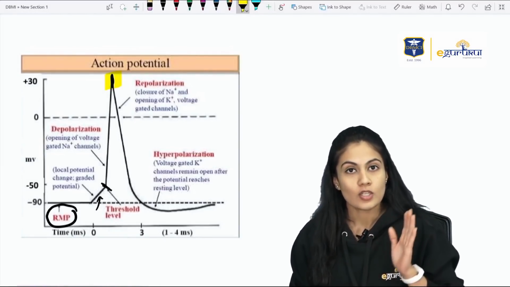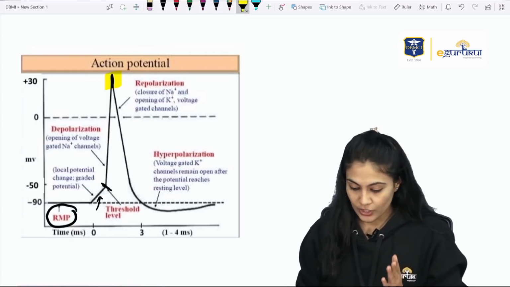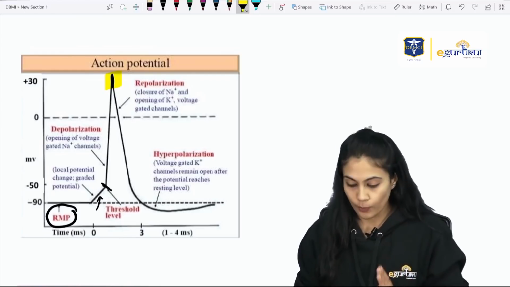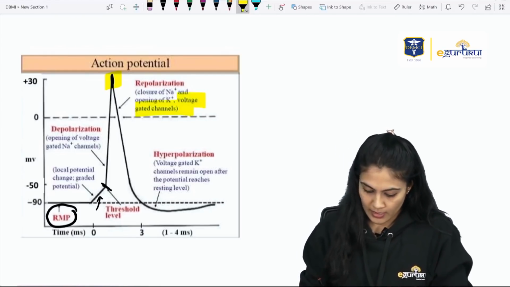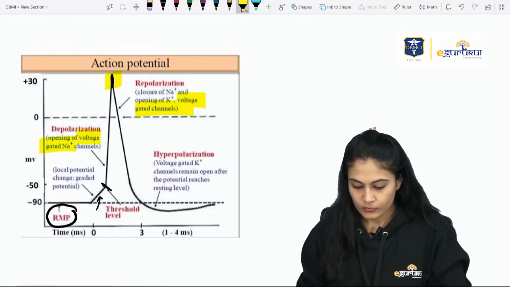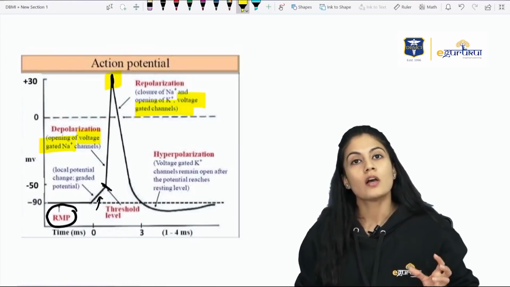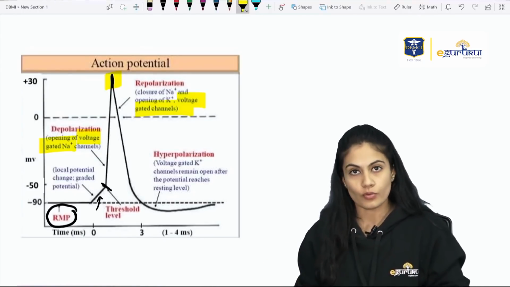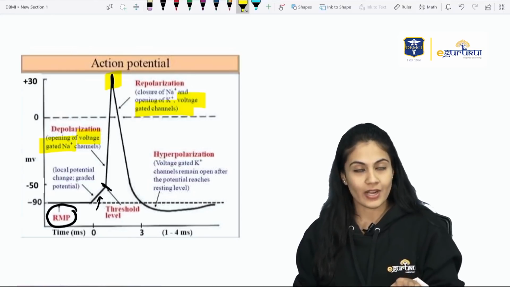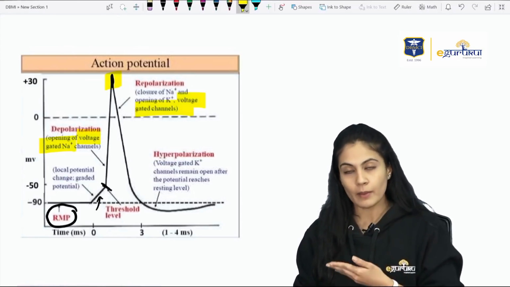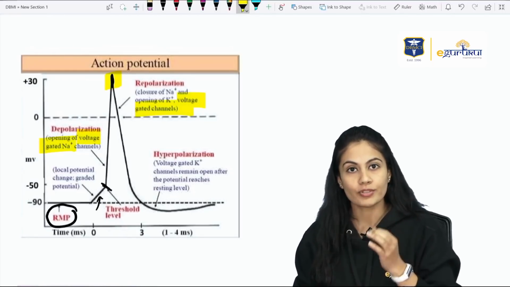Potassium, again because of the voltage. So the voltage gated potassium channels open up. Potassium is more inside the cell, and it goes out because of the concentration gradient as soon as the channels open up. A positive ion leaving the cell makes it go back towards negativity, that is repolarization.